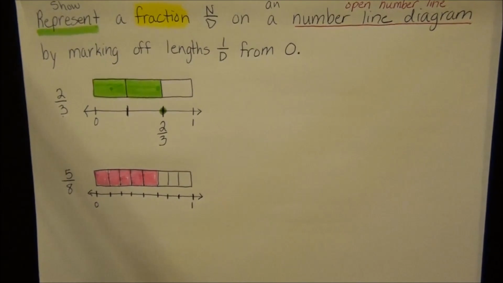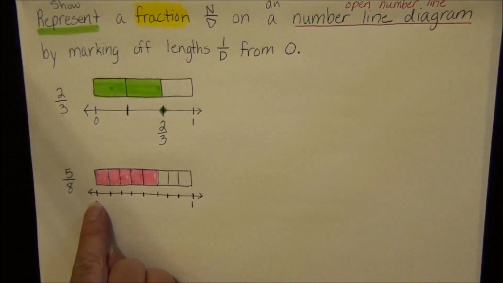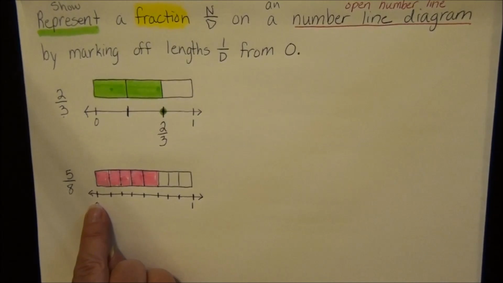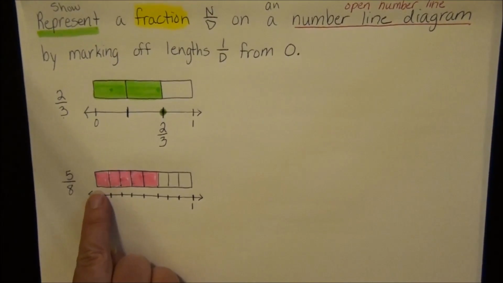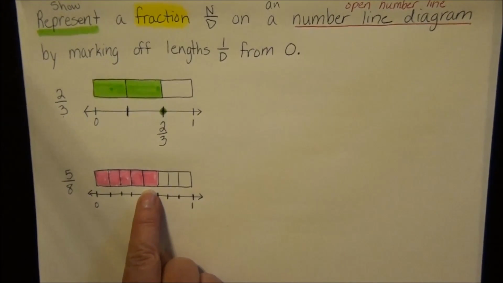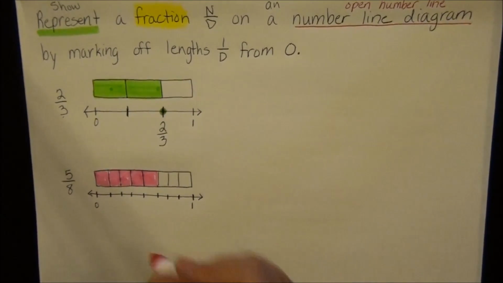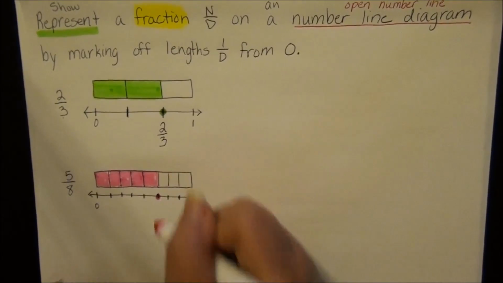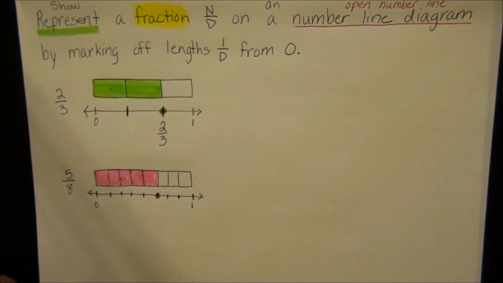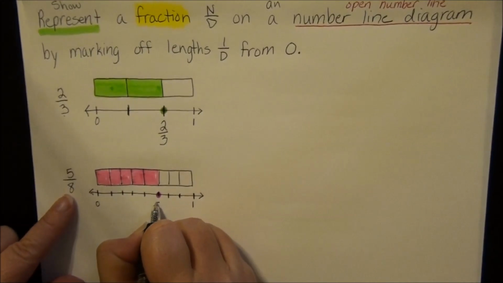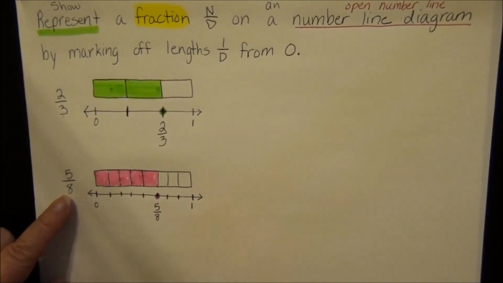When you're doing number lines, you have to start at the left and work your way over, because remember, you're starting at 0 as your starting point. We talked about that at the end of yesterday's lesson. So you always start at 0 and color in from there. Okay, so this is where my colored part of my candy bar ends. I put my dot there, and I'm going to write my fraction underneath it, 5 out of 8.